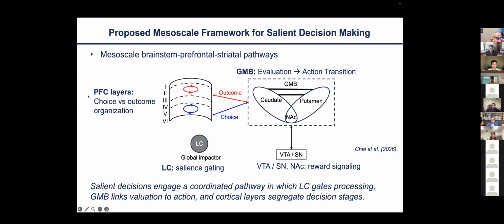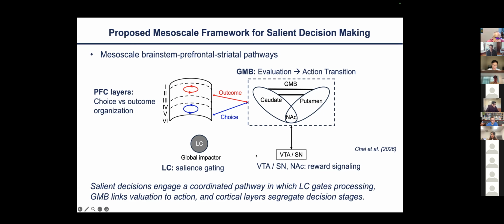And the prefrontal cortex layers, we think could segregate different decision-making stages. And also with some additional pieces we know from previous study, for example VTA, substantia nigra, and nucleus components, they are responsible for the rewarding signal, and we already know cortex is responsible for the evaluation, putamen responsible for the action selection.